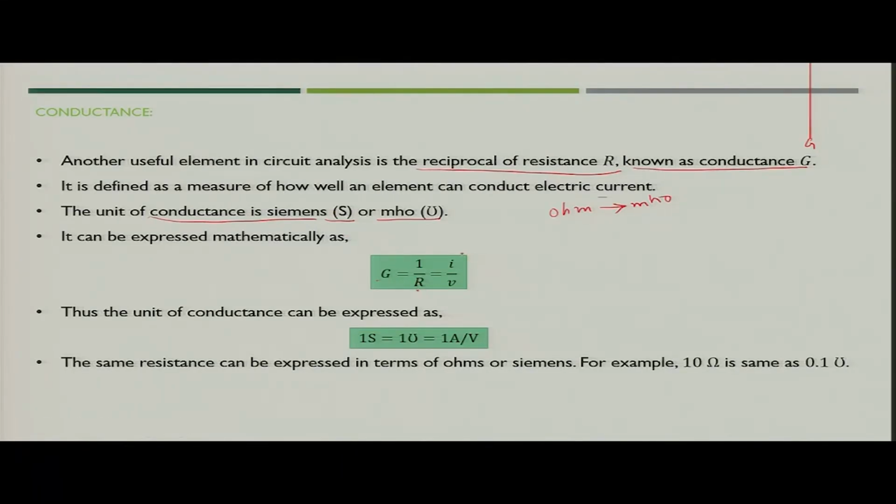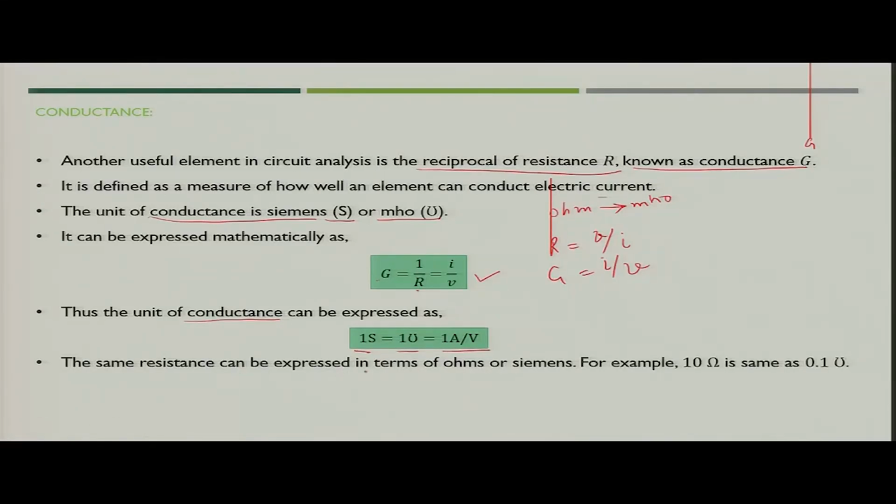So, since R is nothing but V by I, G will become I by V. That is why G is represented as the opposite of resistance R. So, the conductance can now be expressed as 1 Siemens or 1 mho is nothing but 1 ampere per volt.